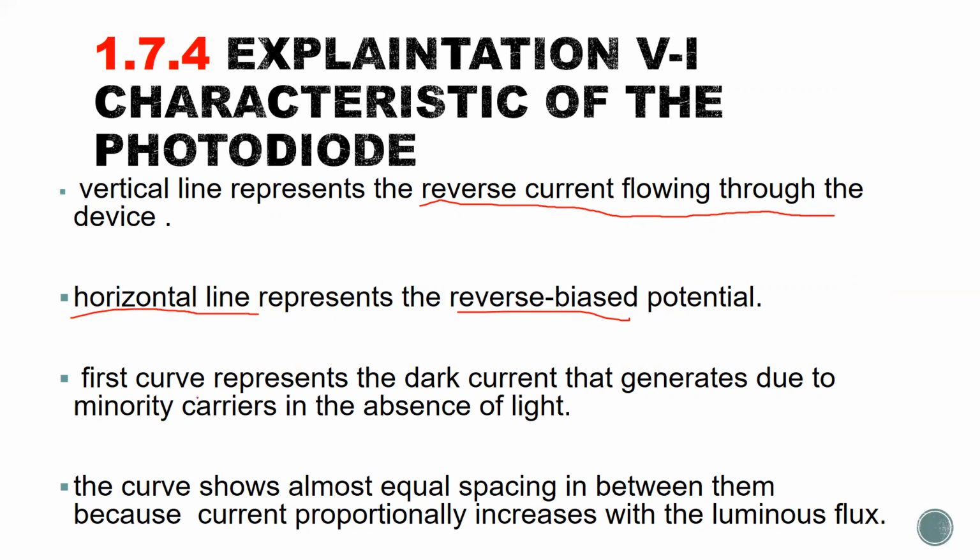Third, the first curve represents the dark current that is generated due to minority carriers in the absence of light. And the last one, the curves show almost equal spacing between them because current increases proportionally with the luminous flux.